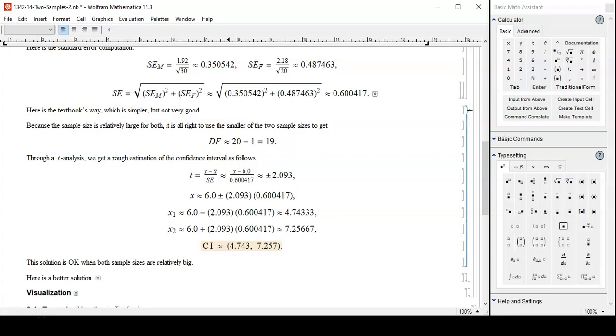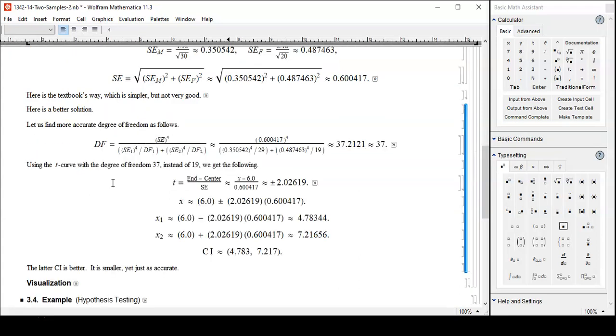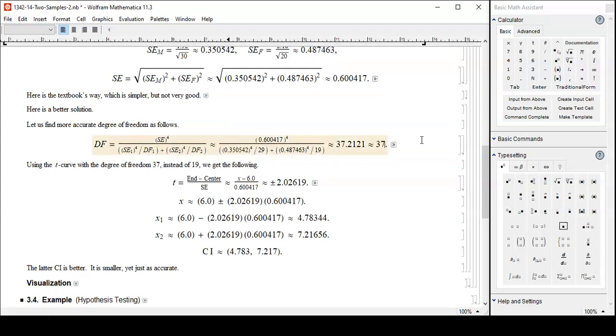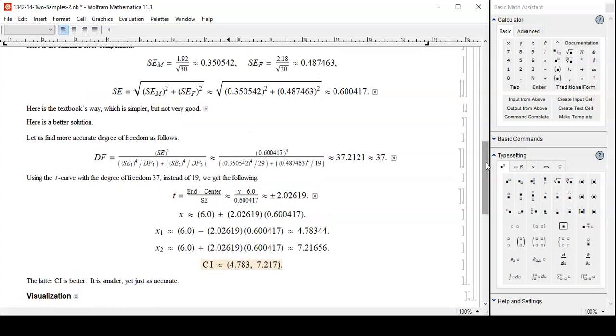Now, if you use this method, then you get a higher degree of freedom. So this t-curve is closer to the z-curve, which is more concentrated toward the center. So you get a smaller margin of error and a smaller confidence interval. So the estimation is that much better.